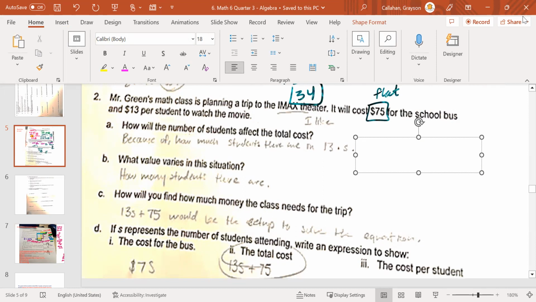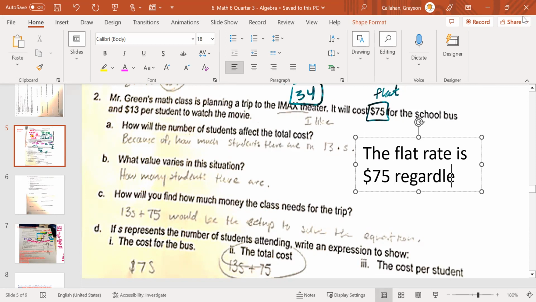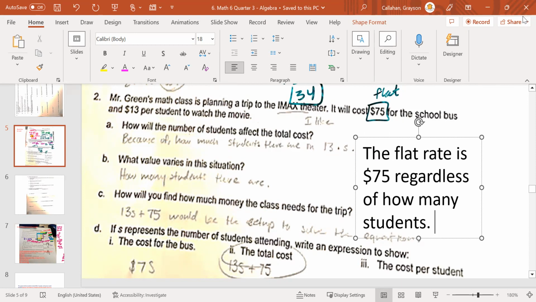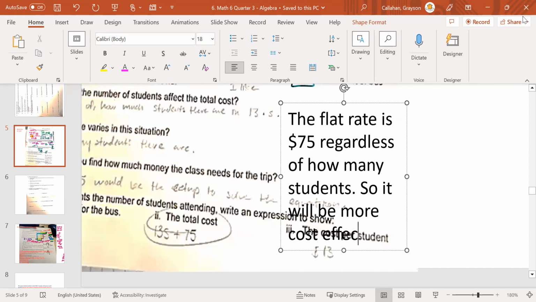How will the number of students affect the cost? Well, the flat rate is $75, right? Regardless of how many students, right? So it will be more cost effective if what?